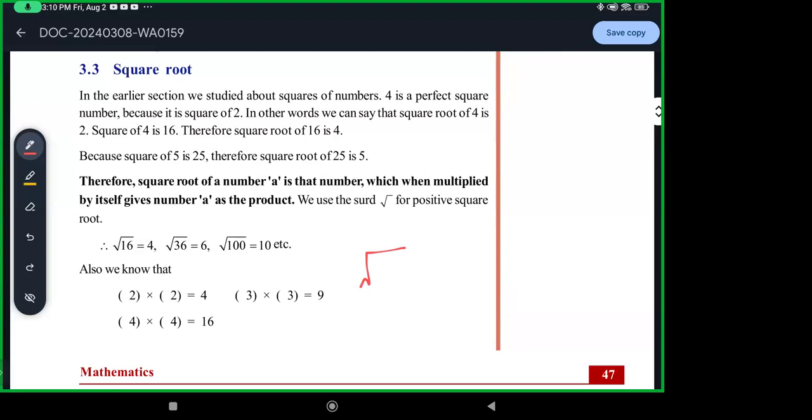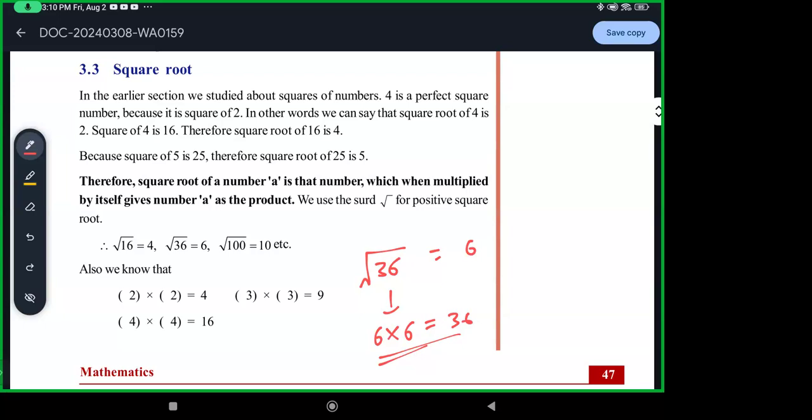Okay, suppose if I have 36 written here, the answer will be 6. How? Because when I do 6 into 6, I will get 36. Okay, so this is what it's telling us. This is the sign that we use to denote square root.